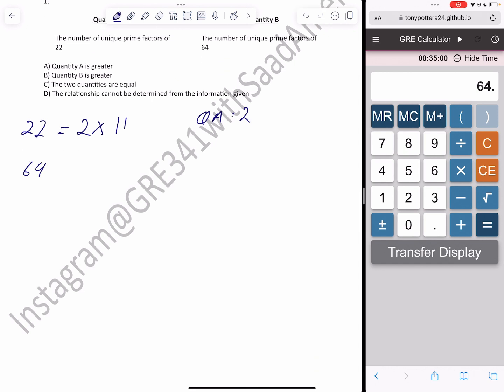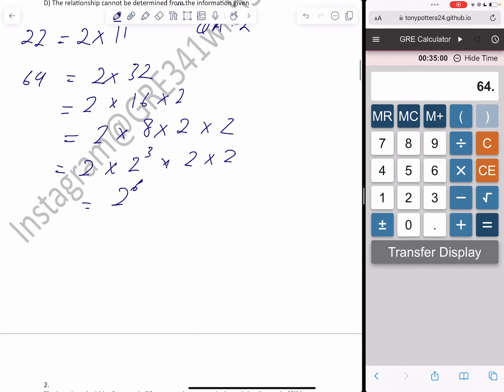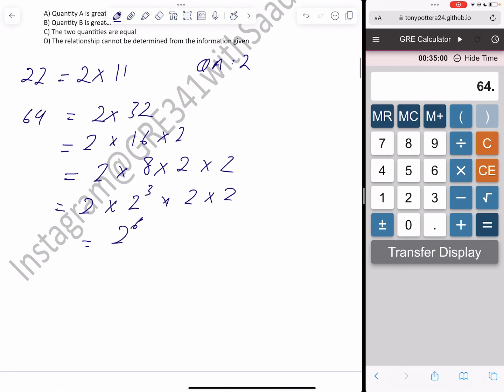64, on the other hand, let's do that. 2 into 32, 2 into 16, 2 into 8, 2 into 2 into 2. So this would be 2 power 6, and 2 power 6 is equal to 64.